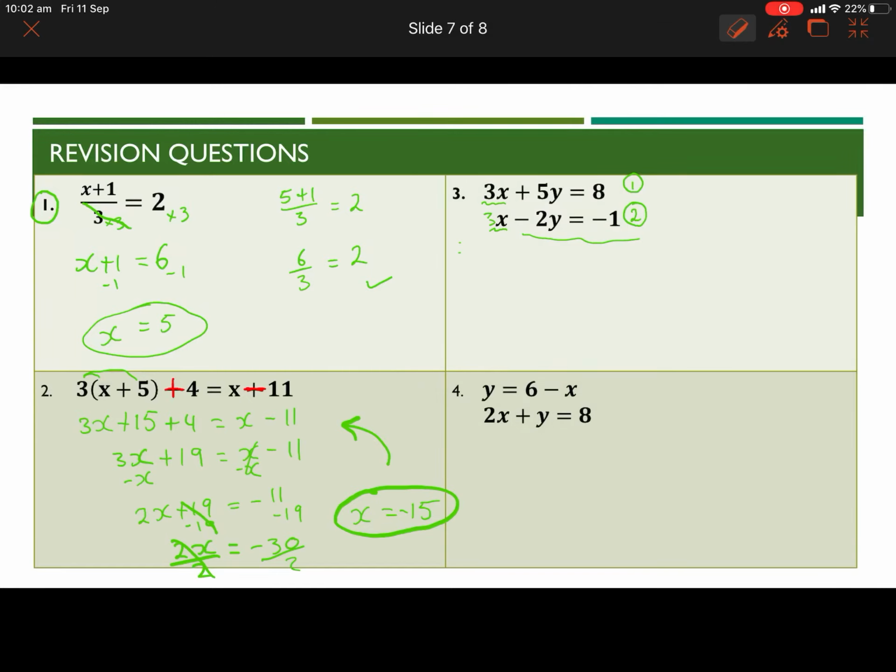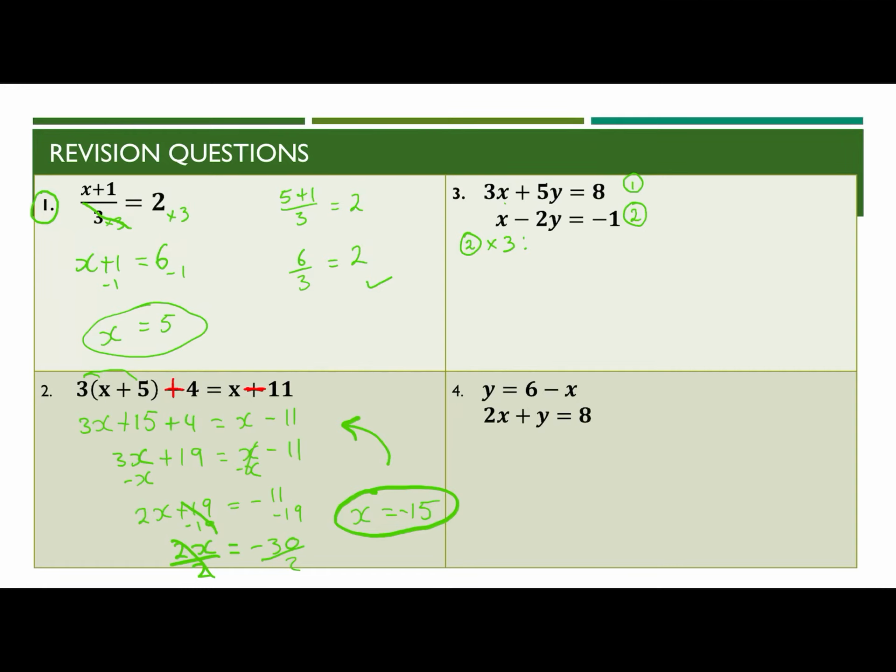So what we want to do is take our second equation and times it by 3. So that gives us 3x minus 6y equals negative 3.